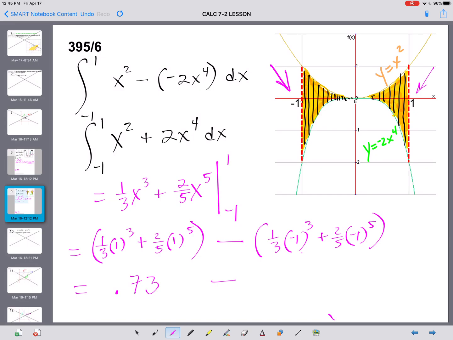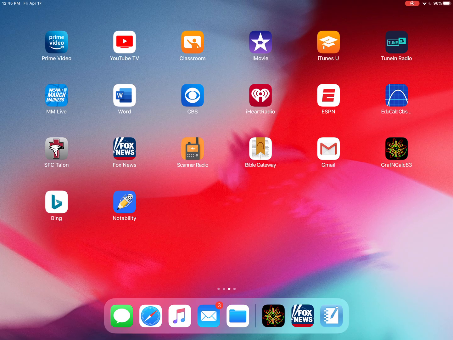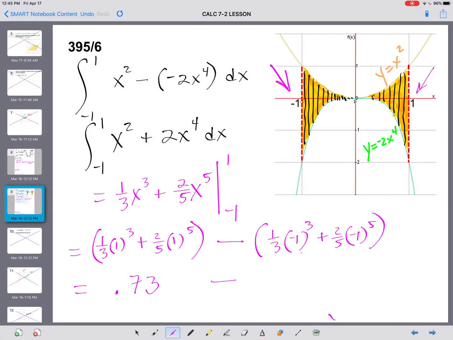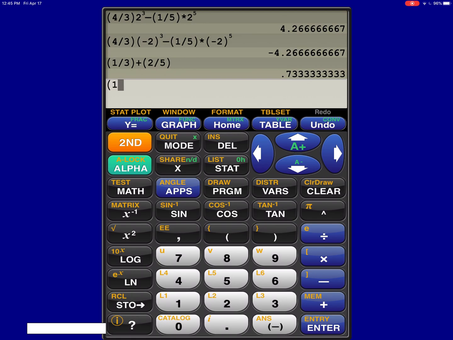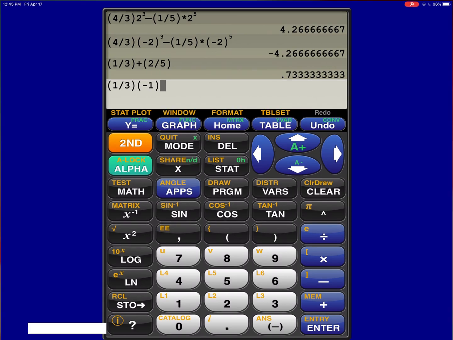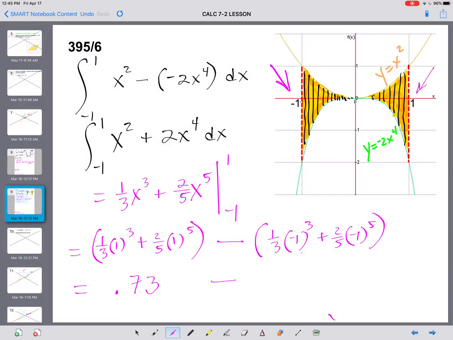Now, here we go. Put some parentheses around those -1s, okay? Again, the powers are 3 and 5. It's 1/3 times parenthesis, -1 raised to the 3rd power.